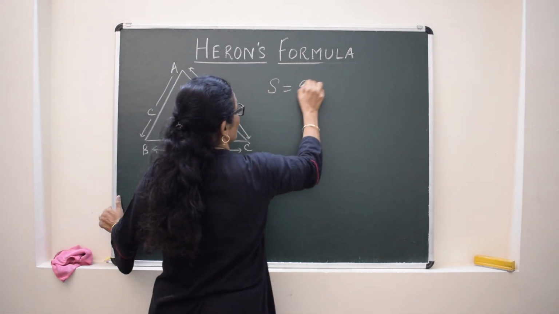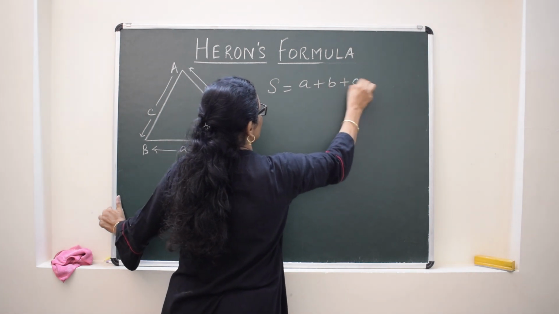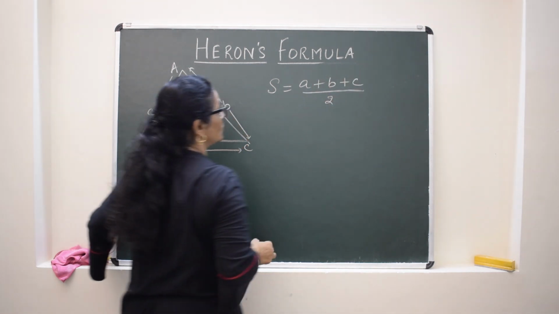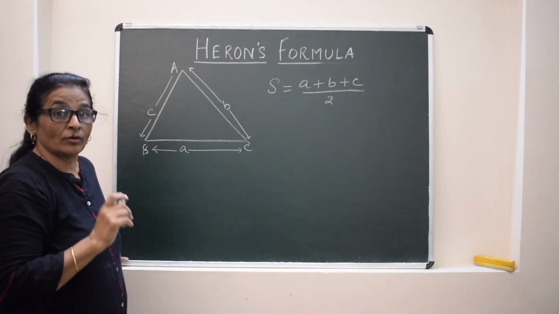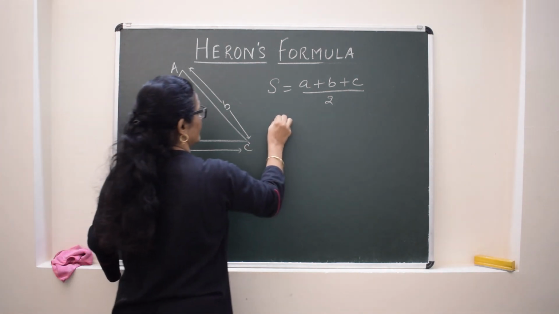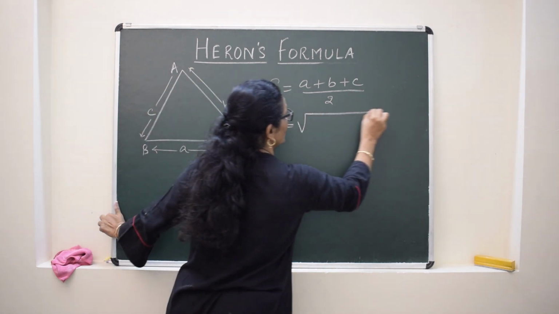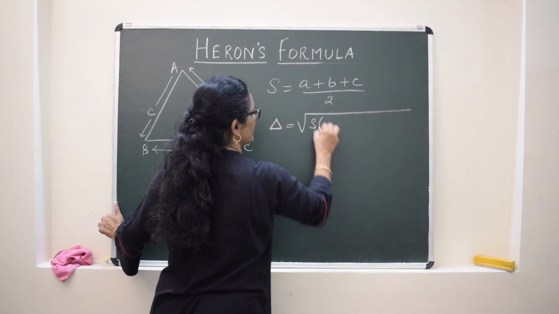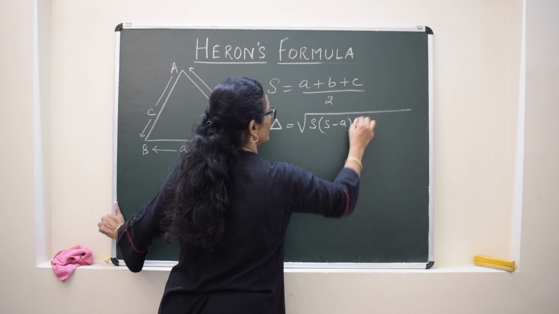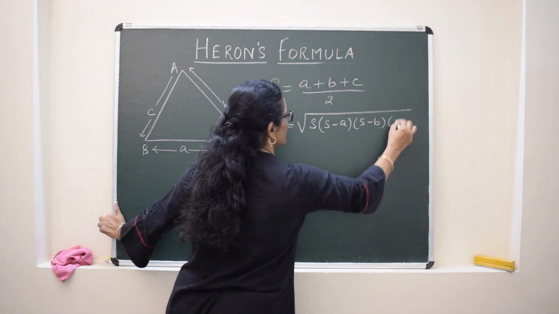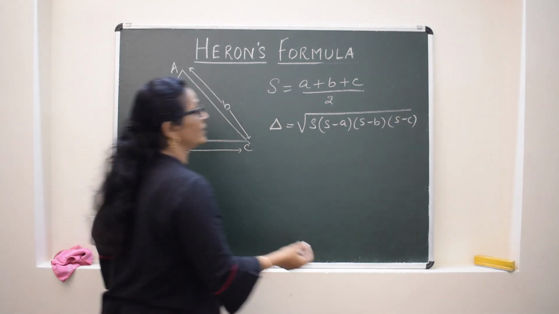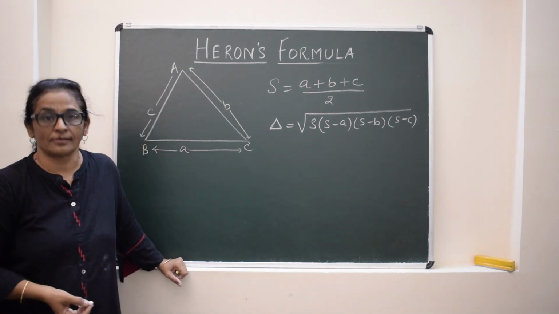So s is equal to (a plus b plus c) upon 2, and the area of the triangle, which we represent by this symbol, is equal to the square root of s into (s minus a) into (s minus b) into (s minus c).